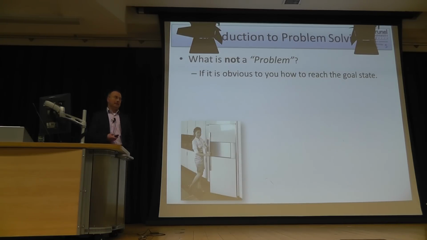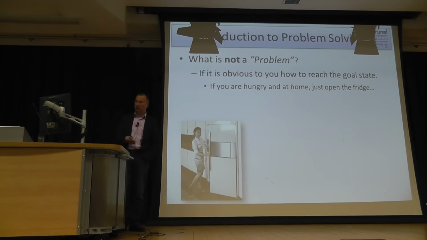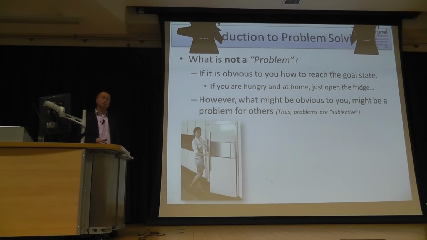And that is when it's obvious to you how to reach the goal. So if you're hungry and you're home, then usually you just have to go to the fridge or to the cupboard in the kitchen and you will find something to eat. And I know as a student sometimes all that stuff is empty, then still you have the option to go to a fast food shop around the corner or something. So that's not really a problem in that way.